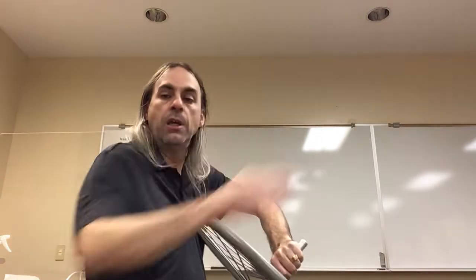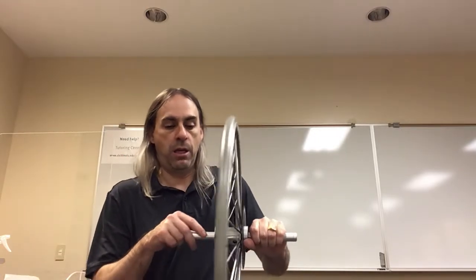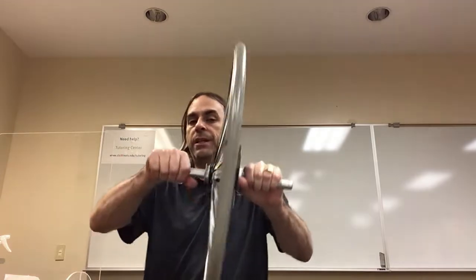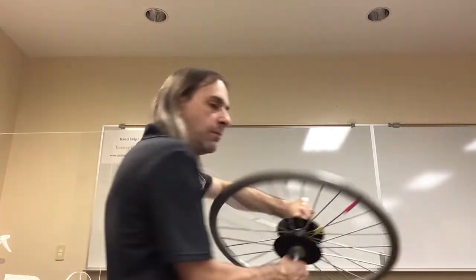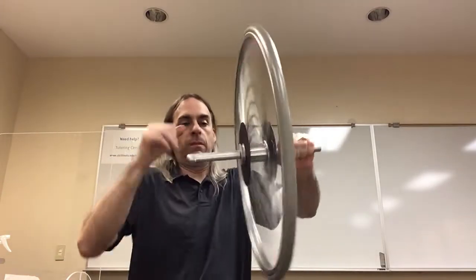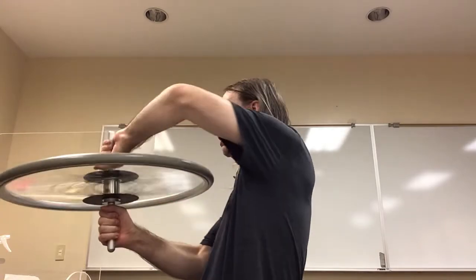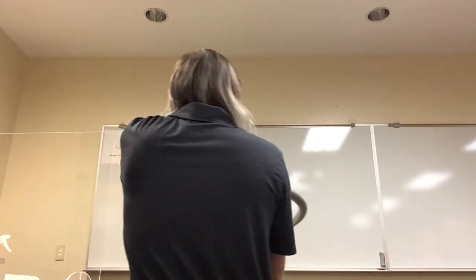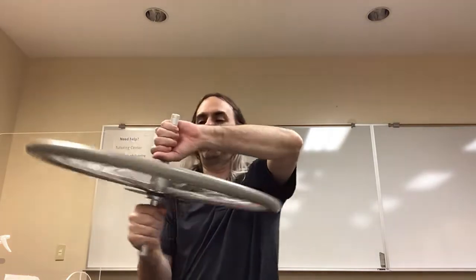So let's get this spinning, and then what I'm predicting is I twist it like this, and I'm going to spin like that. Okay, so let's give it a go. Okay, so yeah, spinning the right way to conserve angular momentum about, say, the z-axis of rotation.